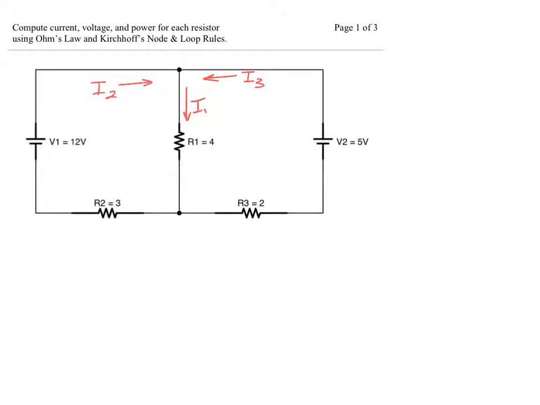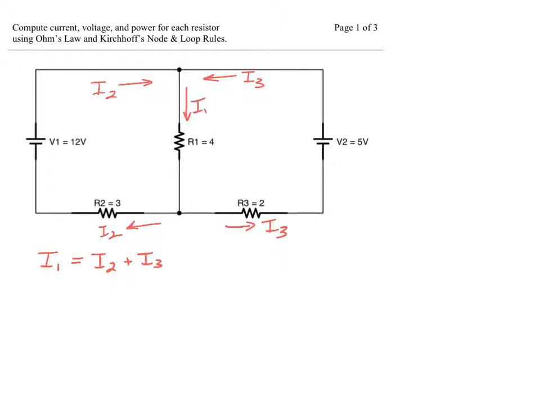Other thing to note is that if that's the case, then down here it must be true, if I'm right, that current 2 and 3 are also coming back up around the other side. All right? So we would be able to write an equation, I1 equals I2 plus I3.